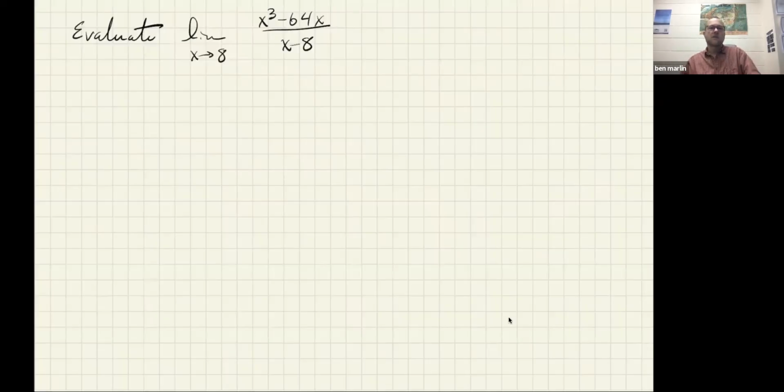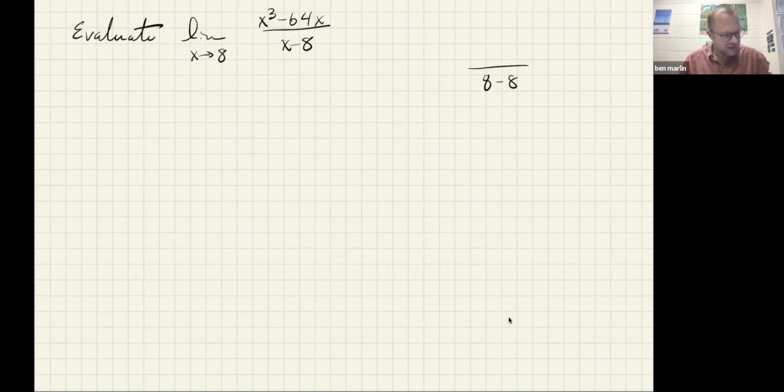Okay. So this one here, you can see that we have the limit as x goes to 8 of x cubed minus 64x divided by x minus 8. Now, if you plug in the 8s there, you immediately see that you've got a 0 on the bottom. On the top, maybe that one is not quite as clear.